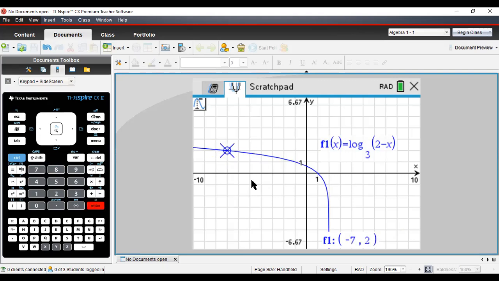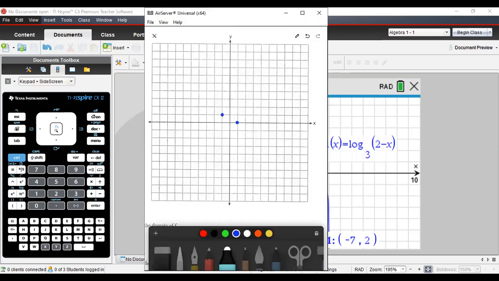Yep, there's a point. -7, 2. So if I go back to the iPad, I'm going to put the point at -7, 2.